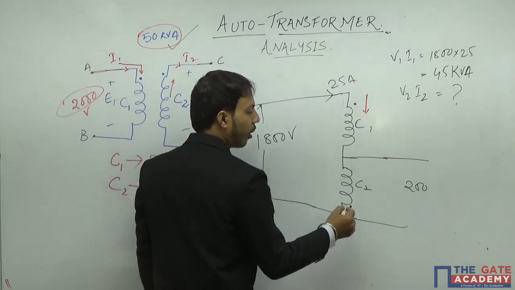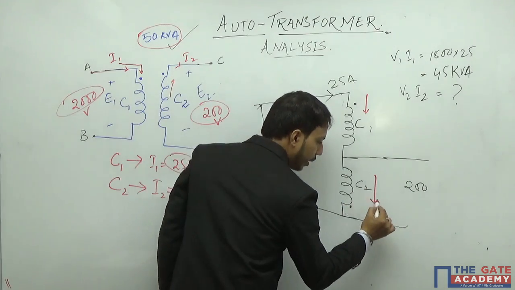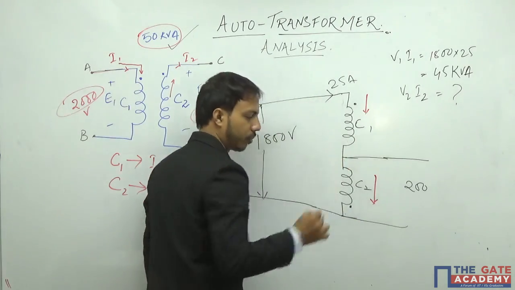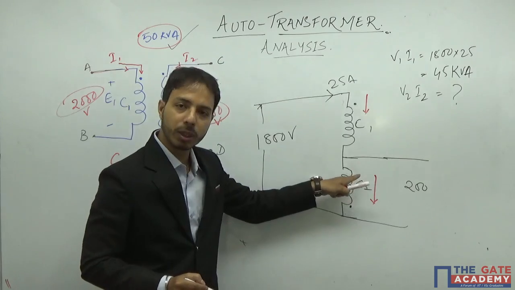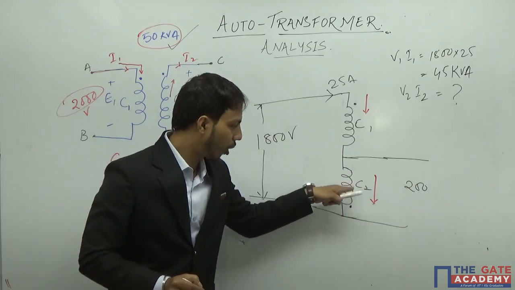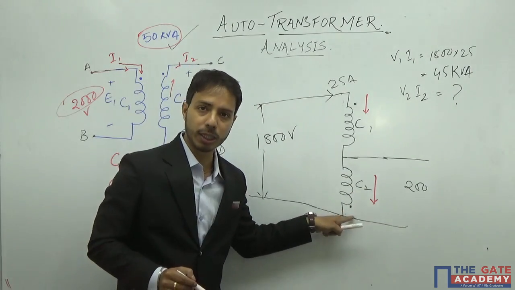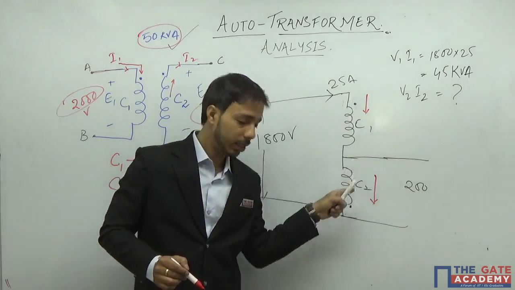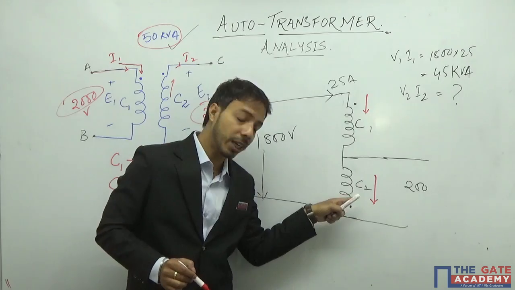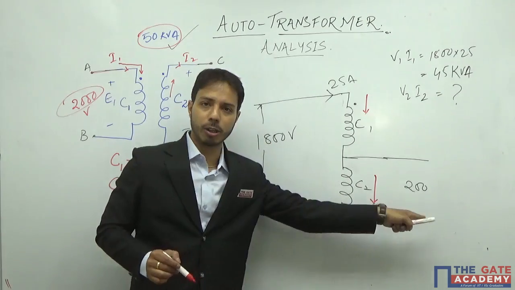That means current will be in this direction. This is coming inside the coil, so current will be going outside the coil. Outside the coil means through the dot. Here current is coming inside through the dot. Here current is going outside of the coil through the dot.